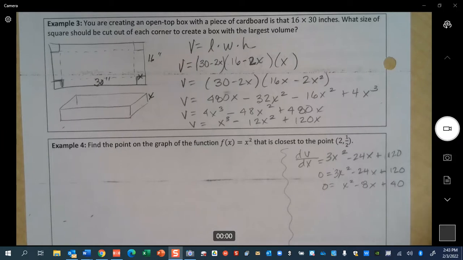I don't think that factors, does it? 40 is 4 and 10, 2 and 20, 8 and 5, right?